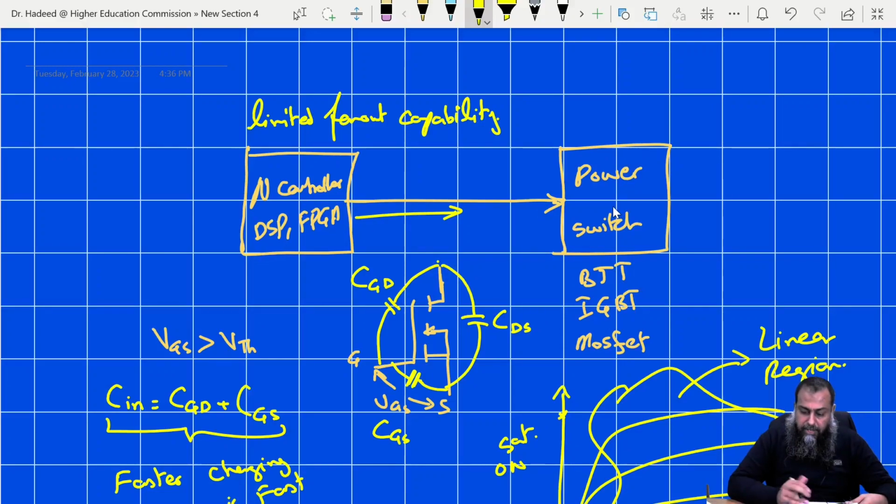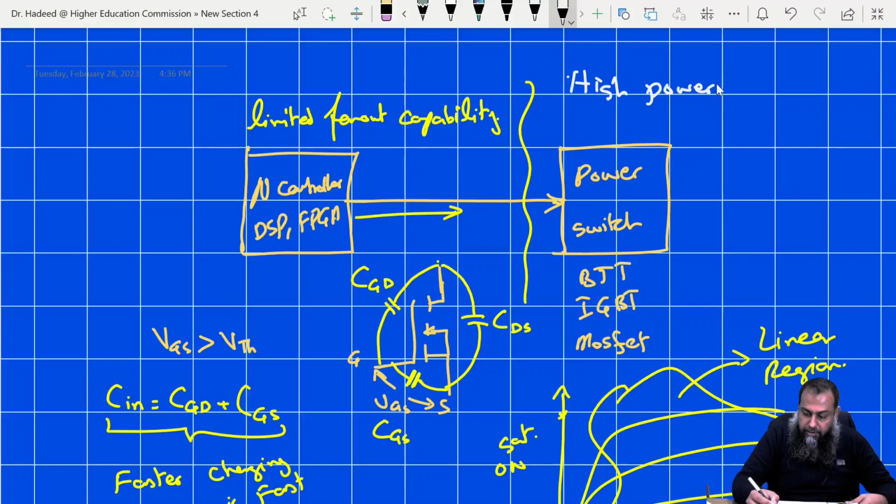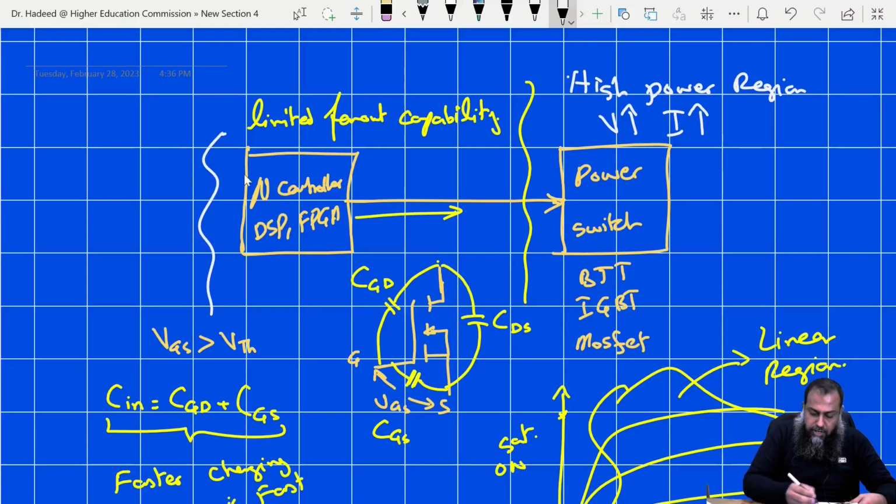The second problem here is that in most power semiconductor device applications, this power switch is connected to a high power region where we have substantially higher voltages and higher currents, whereas this microcontroller is usually limited to something between 3 to 5 volts, and a few milliamperes of current.